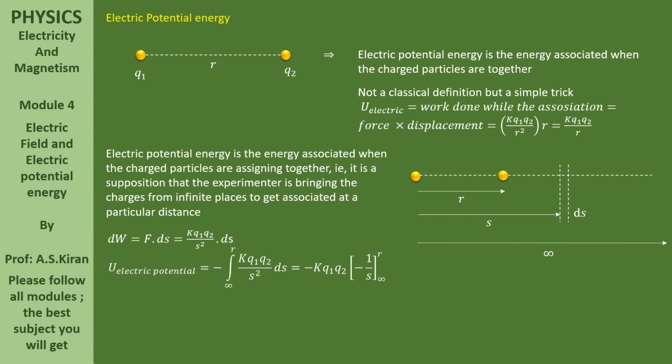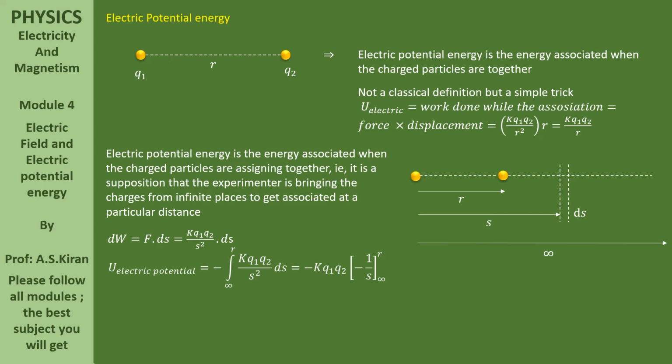So kq1q2 by s square into ds, where ds is the displacement. But here all of a sudden we are getting a minus sign. Why? The minus sign is because the force is repulsive.